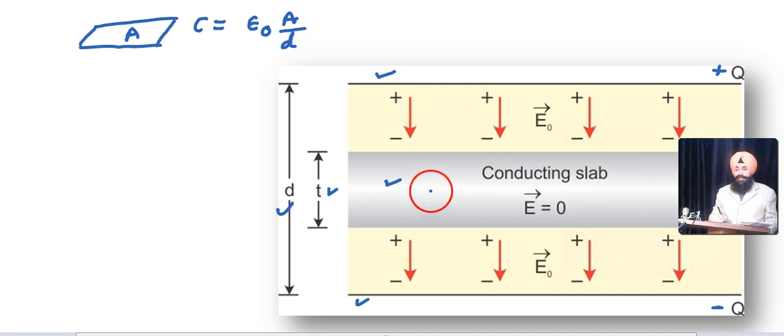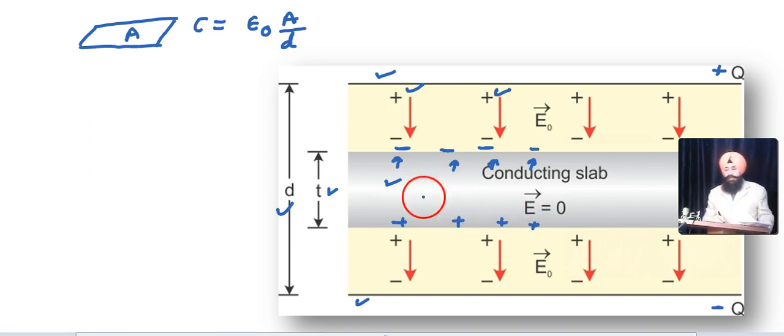Because the conducting slab is in between the charged capacitor, and positive charge is over this plate, negative charge is over this plate, what happened? The electrons of the conducting slab will start appearing on this face and leave behind the positive.